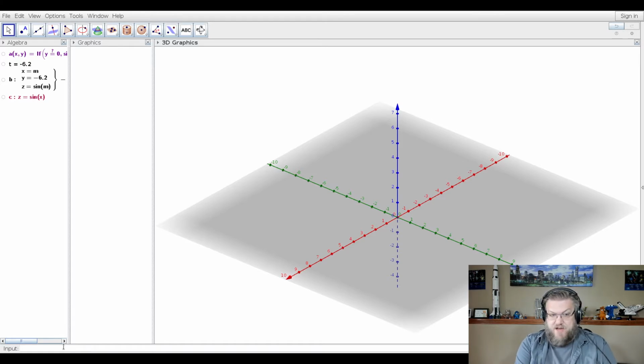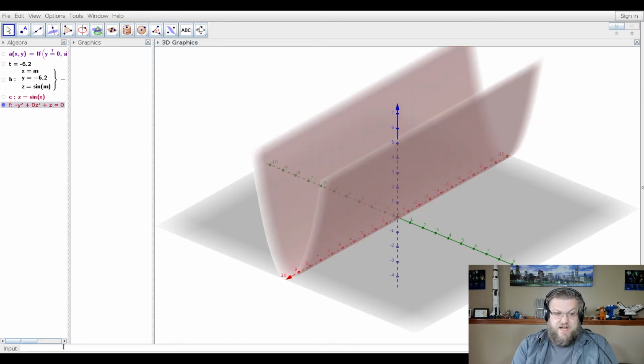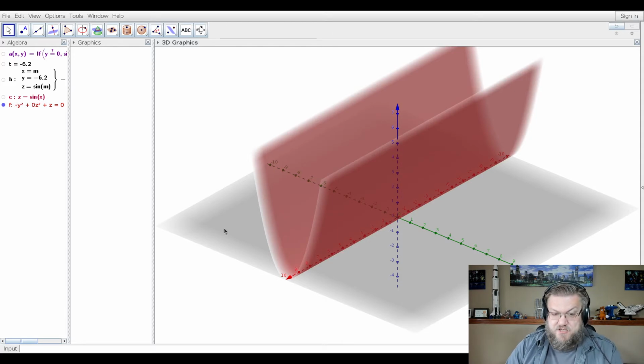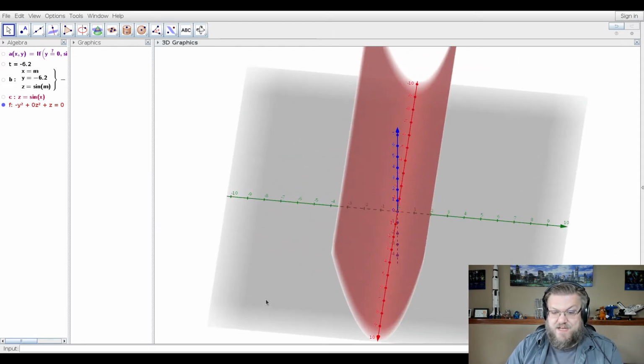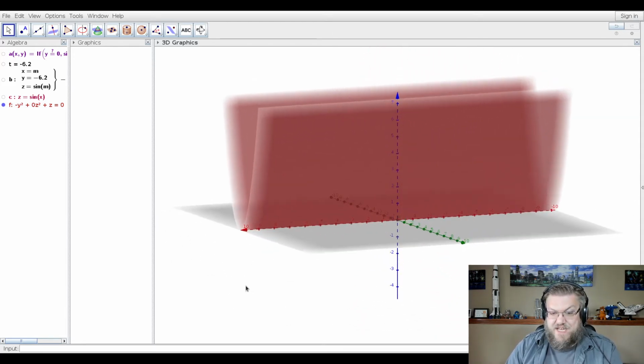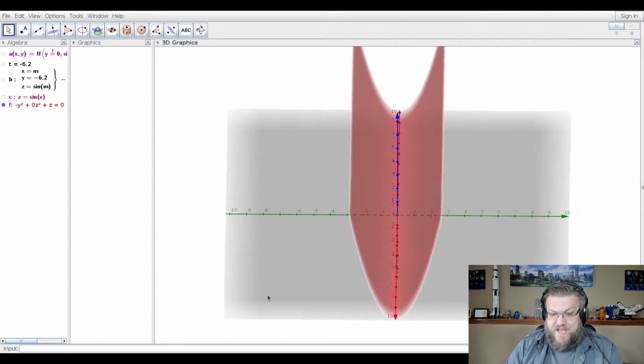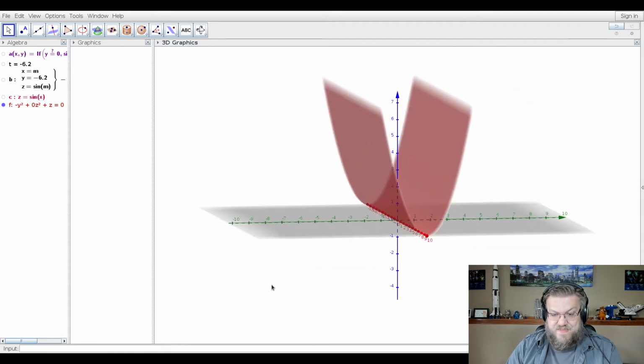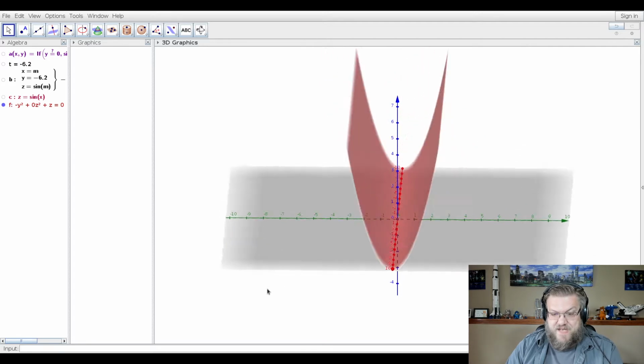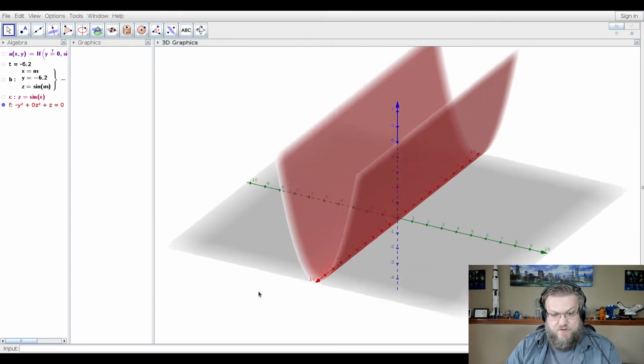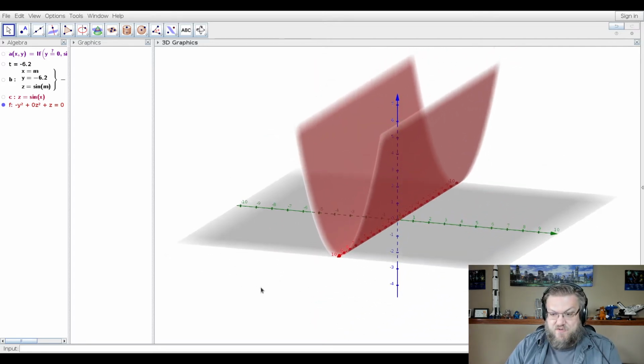I'm going to click on the 3D graphics here and type in z equals y squared. GeoGebra takes that to mean you tried to graph that in a three-dimensional sense, and so it recognizes that x is missing, and it goes ahead and draws that cylinder. Do you see that? So, yep, that makes sense, I hope. Any questions with how I did that?